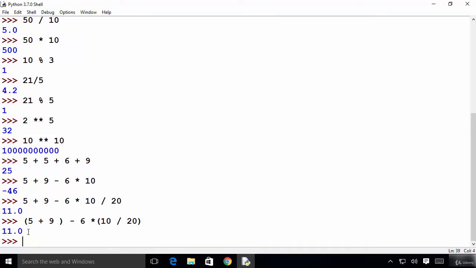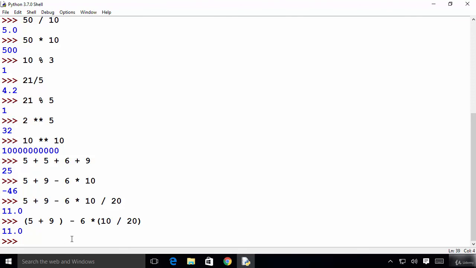And how do we get this result here? So 5 plus 9 is 14, and the division of these two numbers is 1 by 2. So 6 will be divided by 2, which is 3, and then at last 3 will be subtracted from this result, which is 14, which will give you 11.